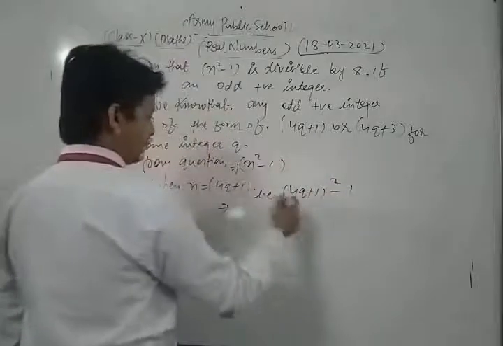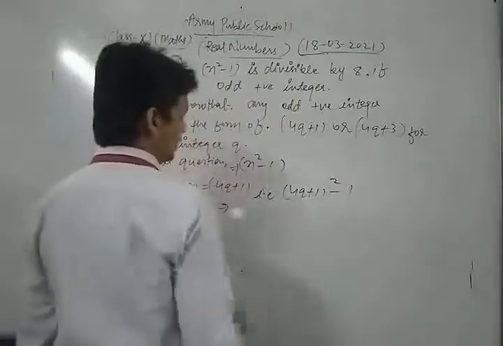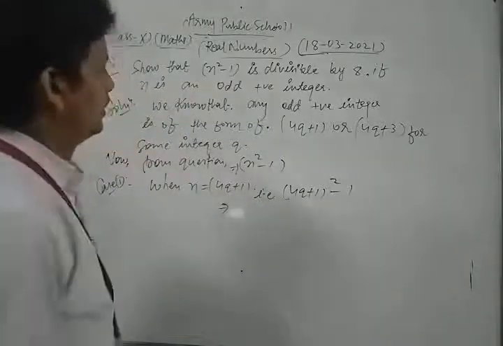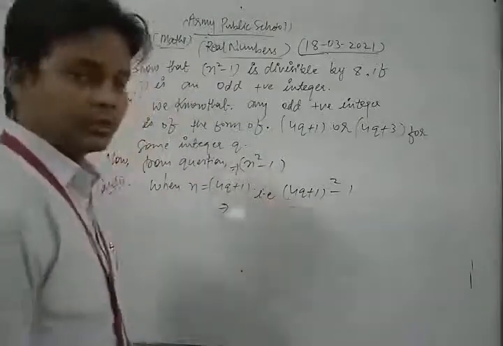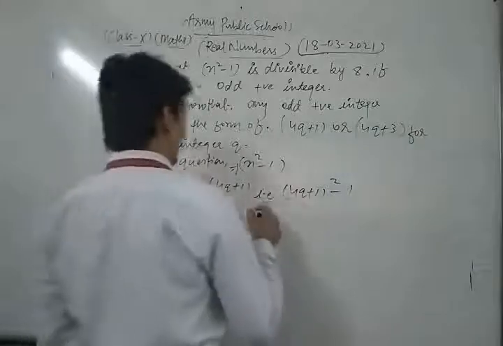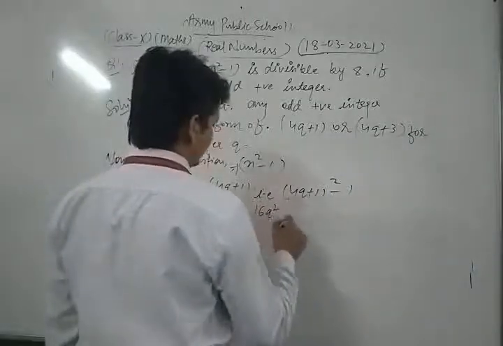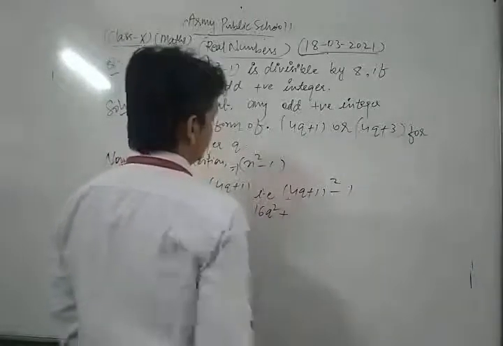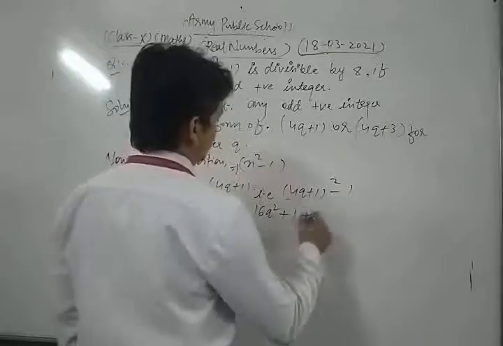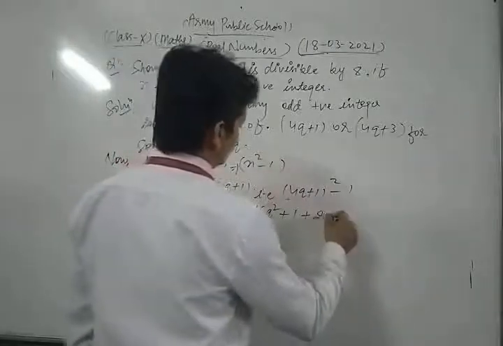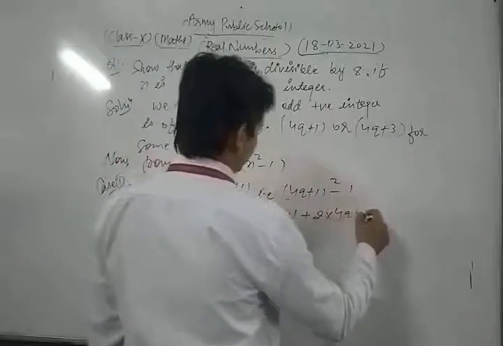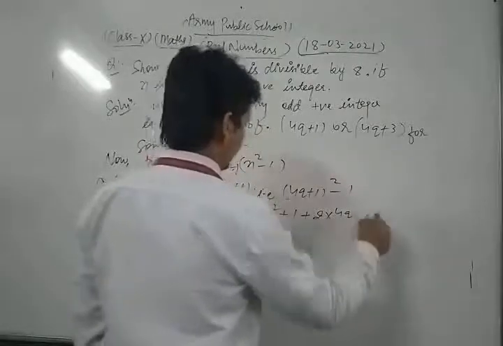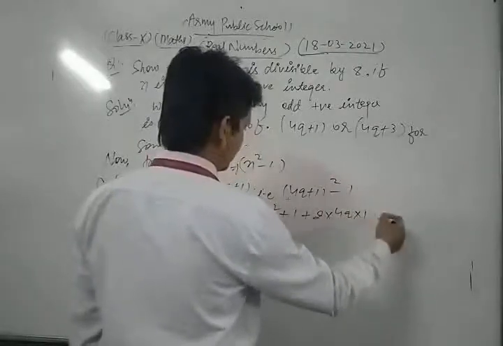Expanding using a square plus b square plus 2ab, we get 16q square plus 1 plus 2 into 4q, minus 1.